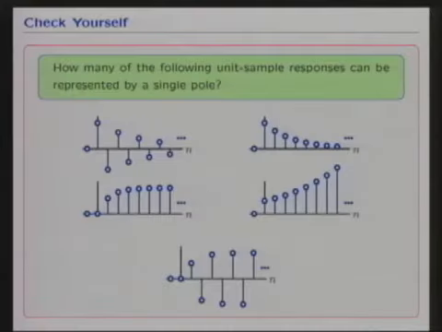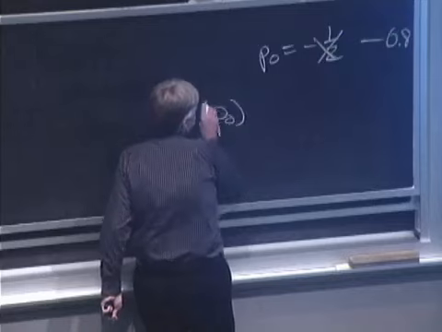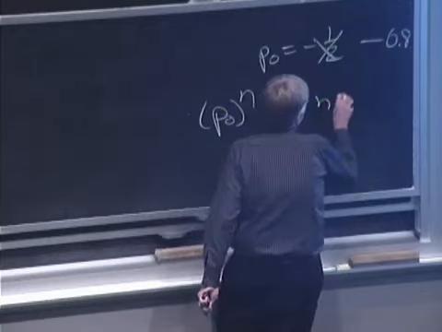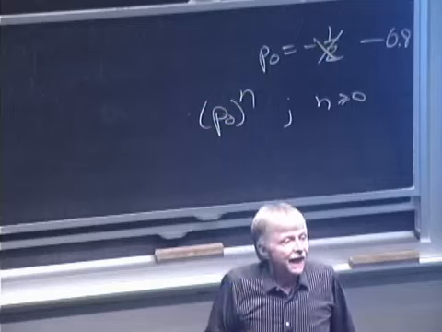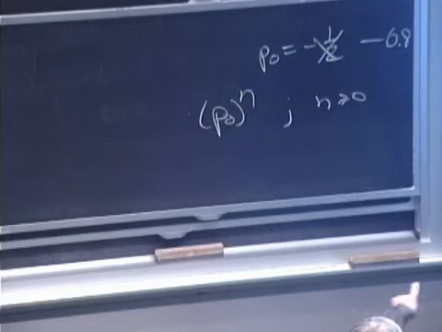But if I'm thinking about the unit sample response, then the unit sample response always looks like p naught to the n, for n bigger than or equal to 0. And there's no way you can choose a p naught that fits that lower left hand.